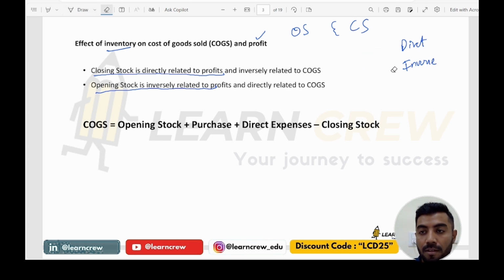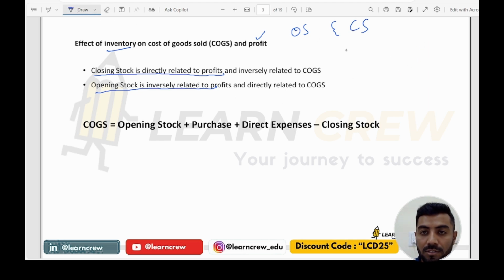Then coming to closing stock and cost of goods sold. Similarly, here, closing stock and the cost of goods sold will have an inverse relationship. If the closing stock is increasing, the cost of goods sold will be decreasing.